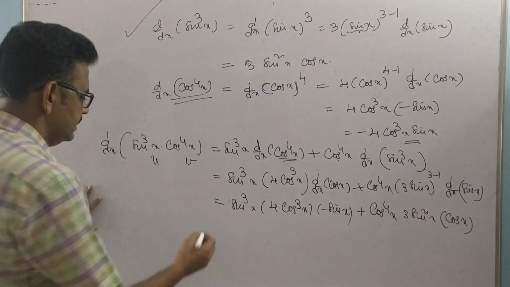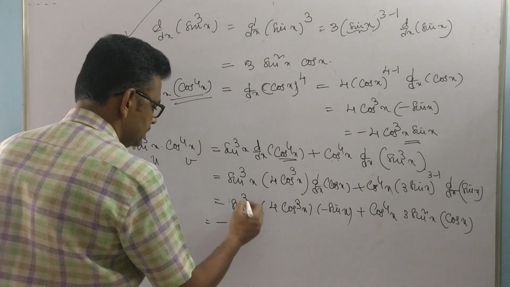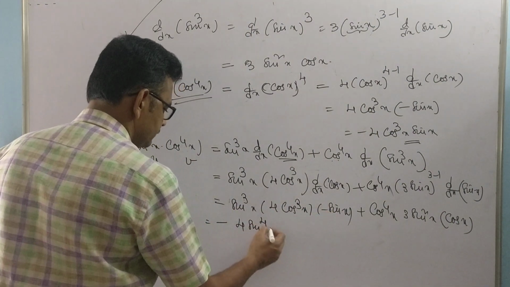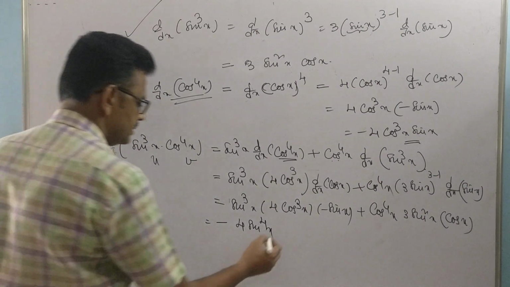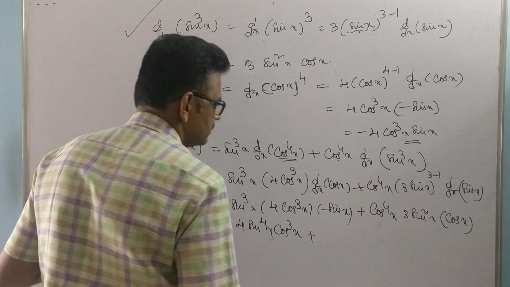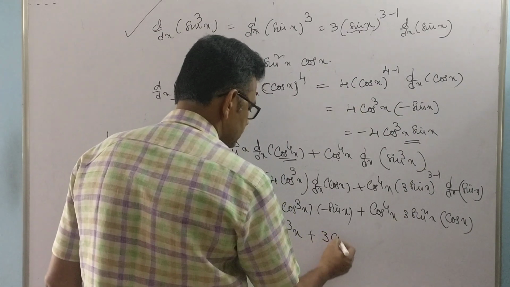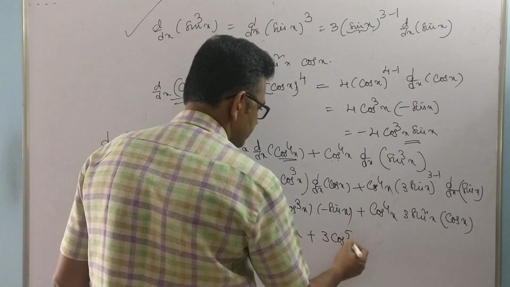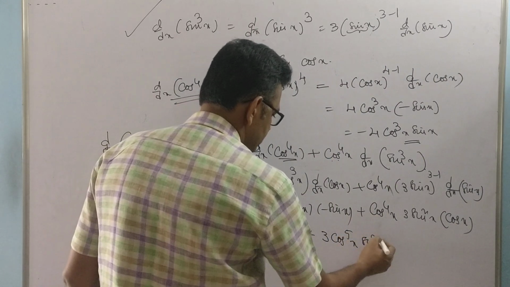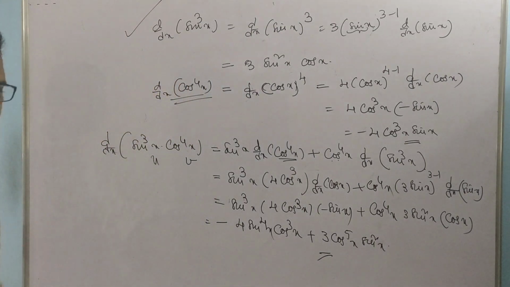So this is equal to minus 4 sin power 4x into cos cube x plus 3 cos power 5x into sin square x. So this is the derivative of sin cube x into cos power 4x.